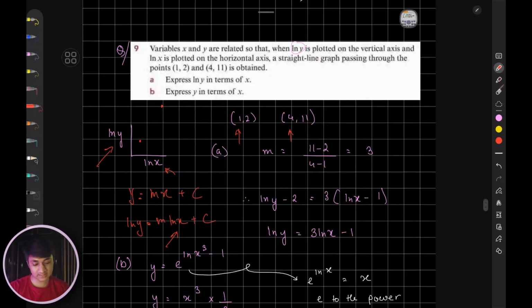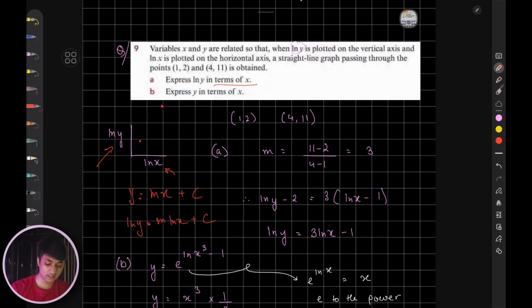In this case, you might get confused because they've written in terms of x. If they wrote in terms of ln x, it would have been easier for you to understand, but it's all right. They've already told you that ln x is plotted on the x-axis. So you have to understand from that that your main equation is going to be in terms of ln x, right? Fair enough.